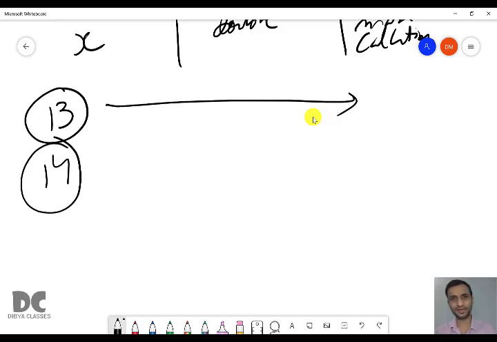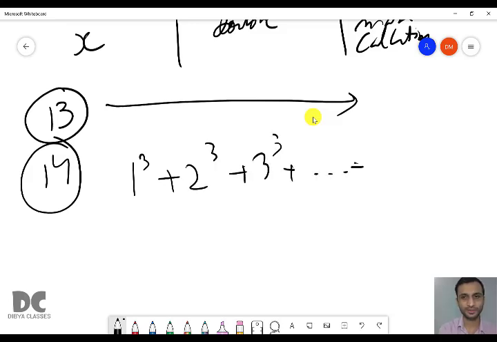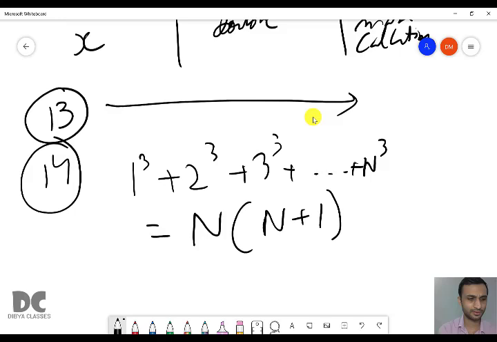Question number 14 is quite interesting. The question says, the sum of the cubes of the first n natural numbers is given by the formula 1 cube plus 2 cube plus 3 cube till n cube equal to n into n plus 1 divided by 2 whole square.